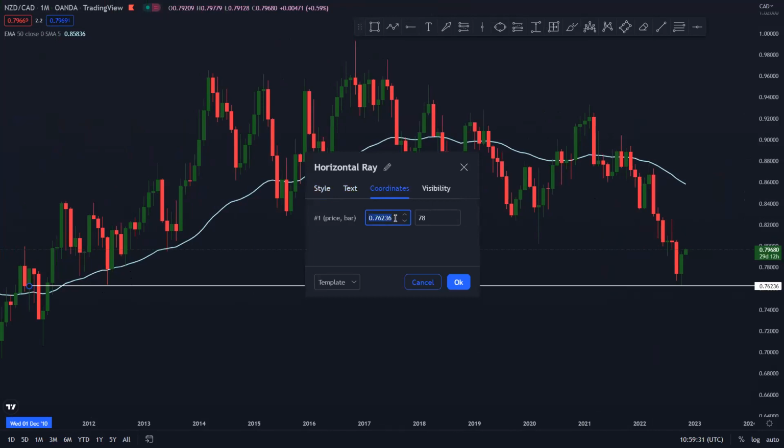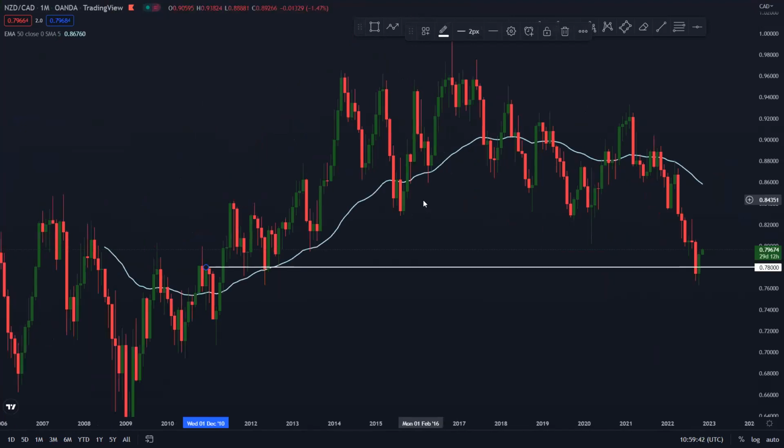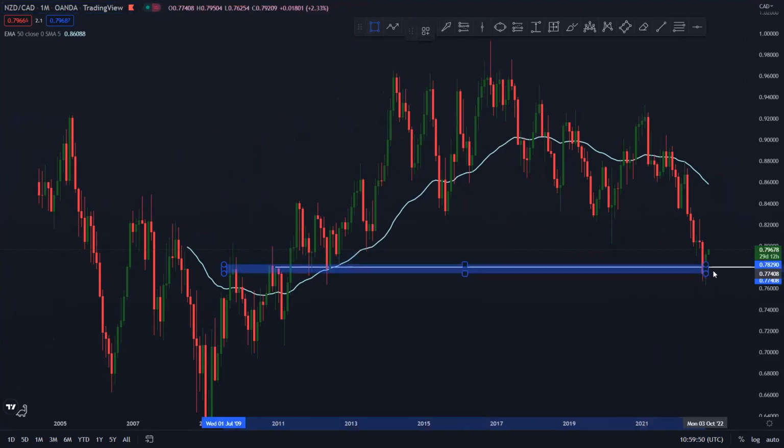More like key levels, somewhere around 0.78 thousand. So looking to the left, you can clearly see how the level aligns perfectly well from previously.